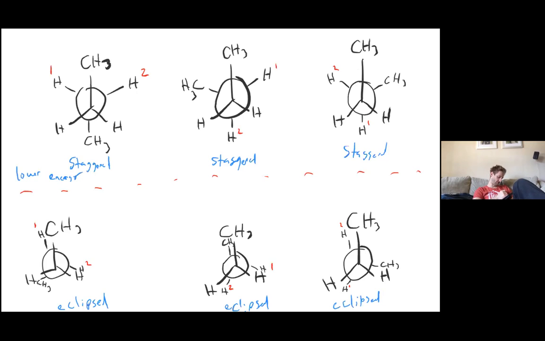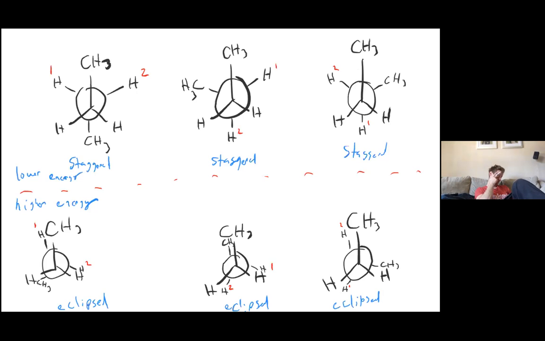So this part down here where all the eclipses are is going to be a higher energy part. If we take a look at the molecules themselves, we're really going to focus on the CH3s. We don't really care about the H's that much. So we're going to look at interactions of CH3s with each other, for the staggered at least.